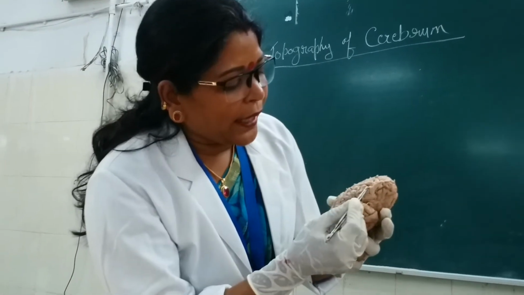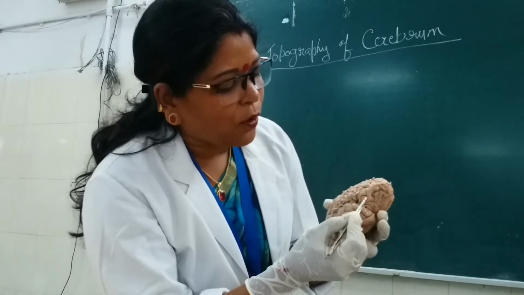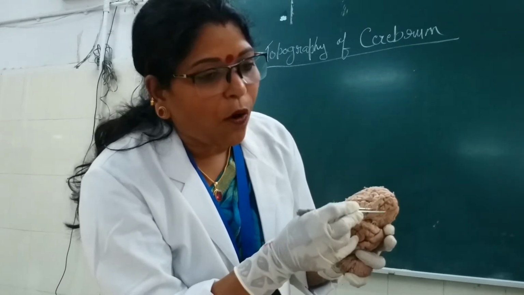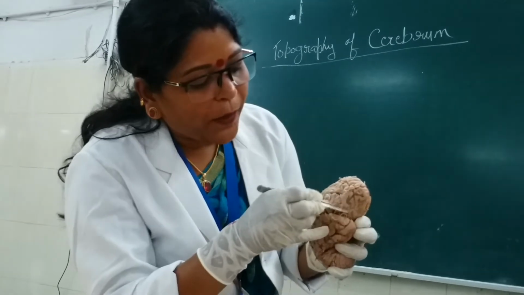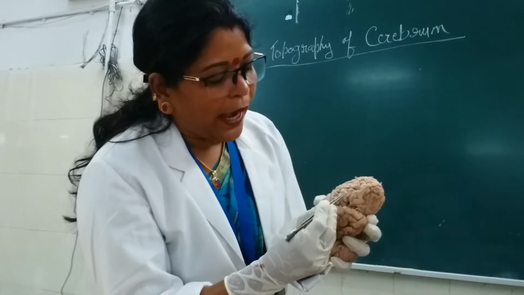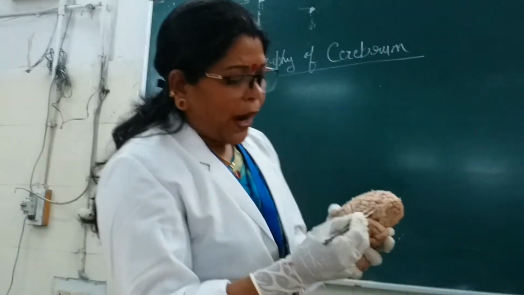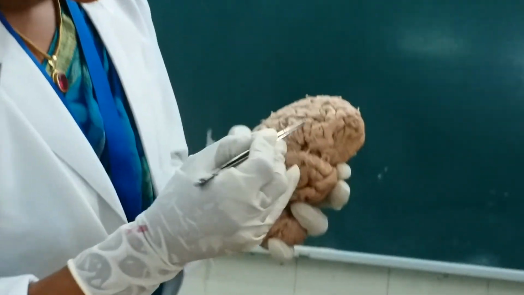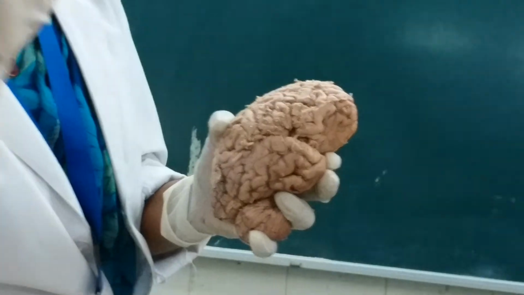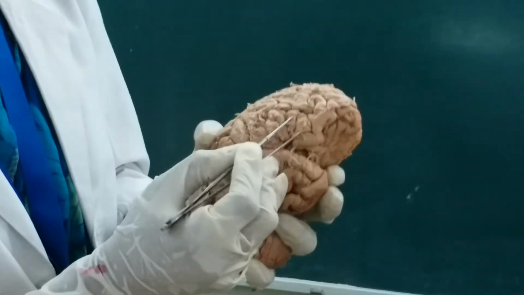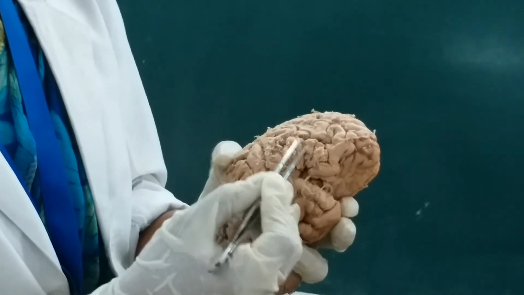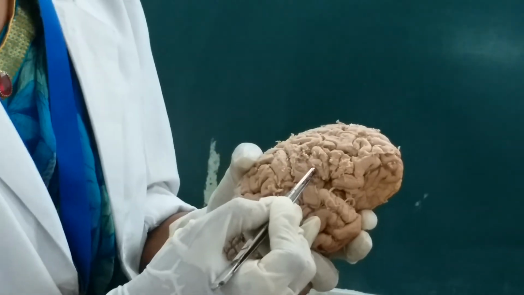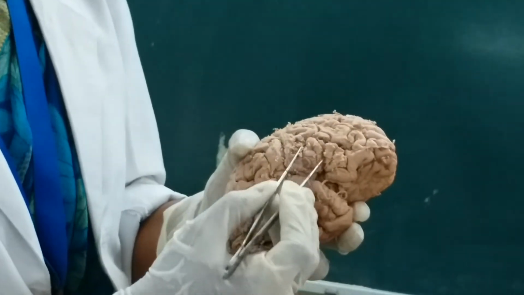So anterior to this is the pars orbitalis, because it is towards the orbital surface, isn't it? So anterior to the anterior or horizontal part of the lateral sulcus, that part of the inferior frontal gyrus is known as pars orbitalis. In between the anterior and the ascending branches it is known as the pars triangularis.